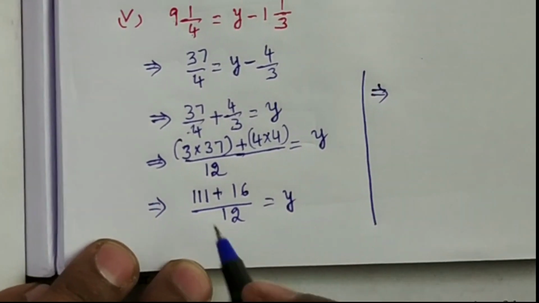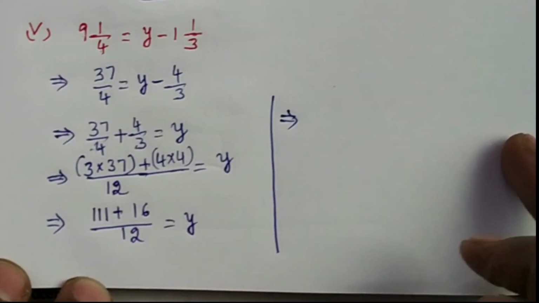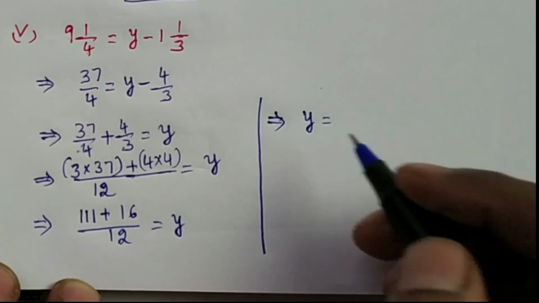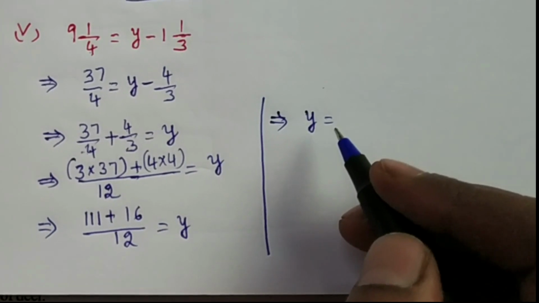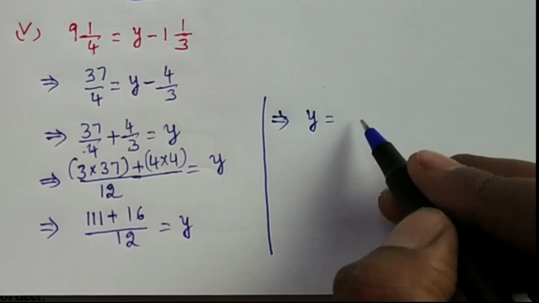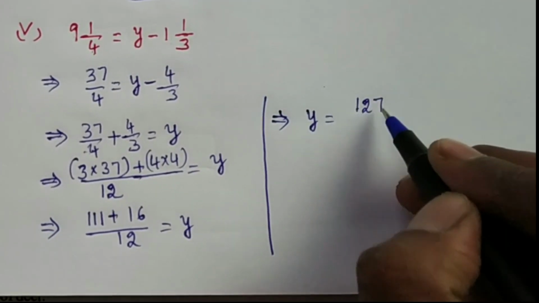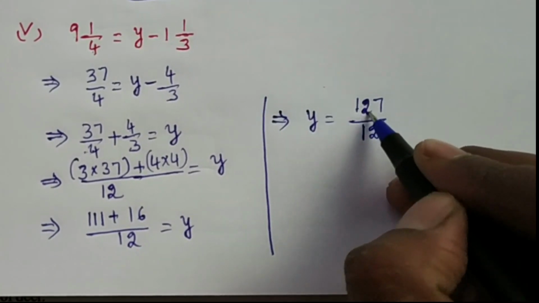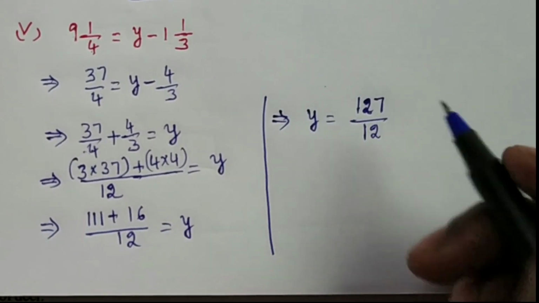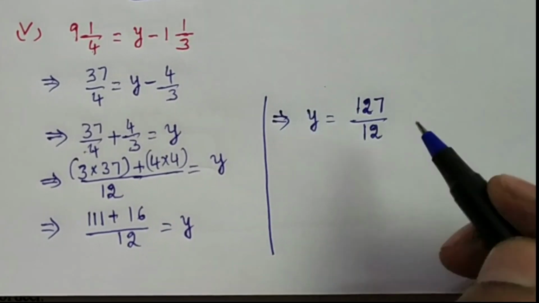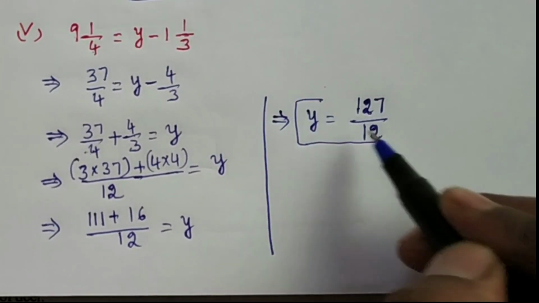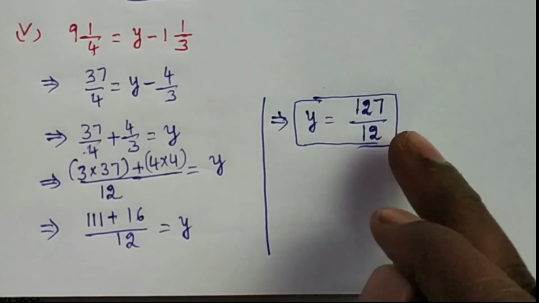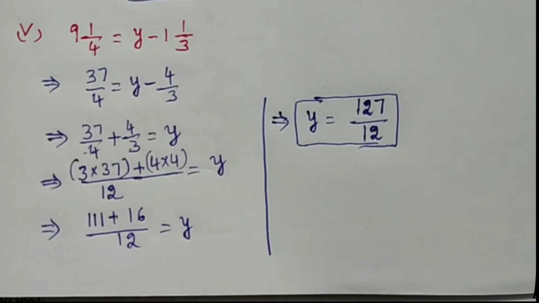That implies y is equals to 111 plus 16, that is 127 by 12. In 127 and 12, there is no table that will cancel, so keep it like this only. So finally y is equals to 127 by 12.